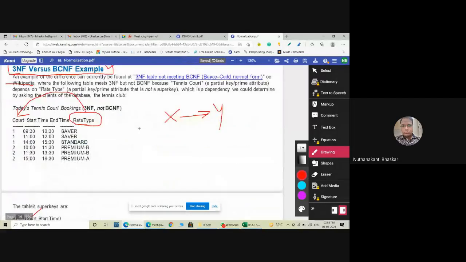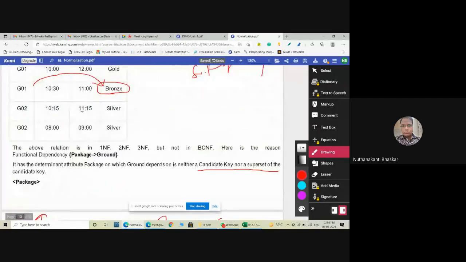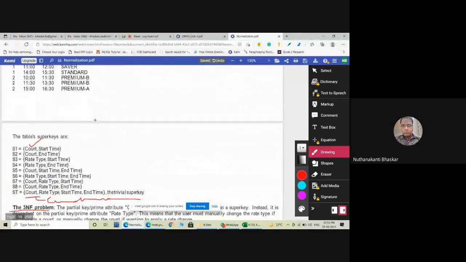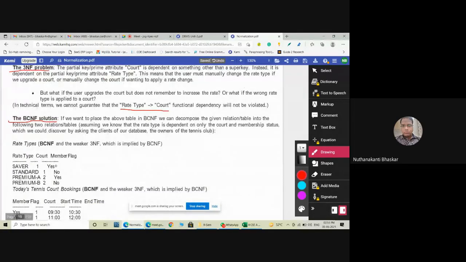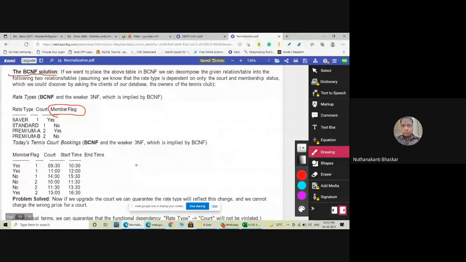How? We can decompose directly like this, or we can add one extra attribute, that is a flag. One extra attribute I am taking in BCNF, that is a flag. How to decompose?